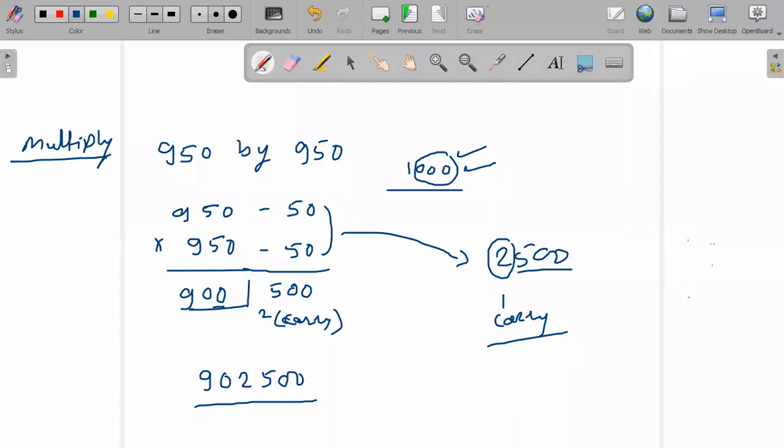So this was one case: when the number of digits in the RHS exceeds the number of zeros in the base. This is the one case.